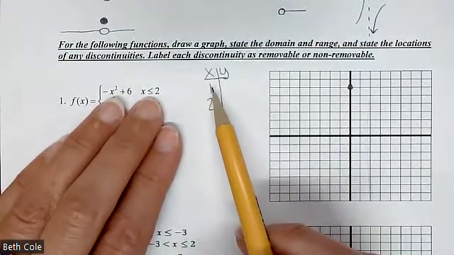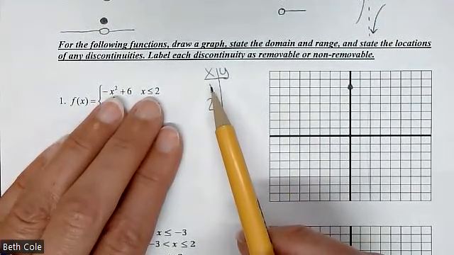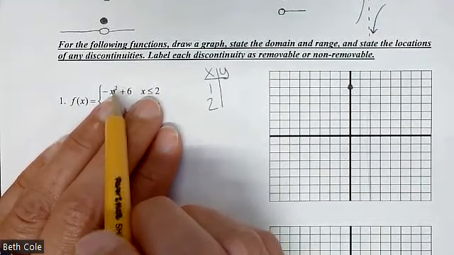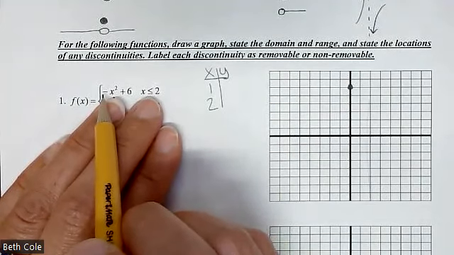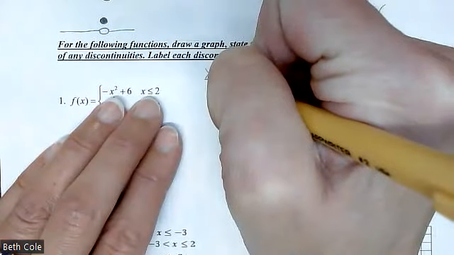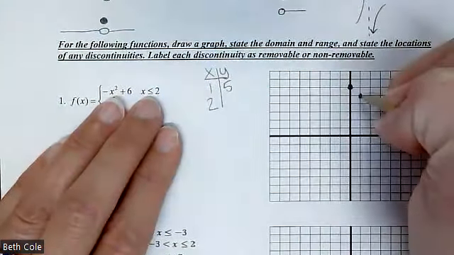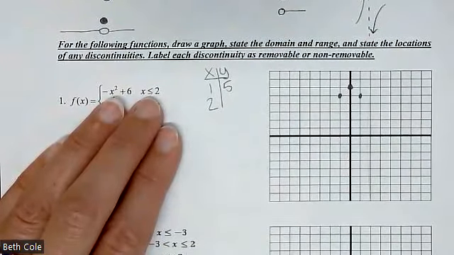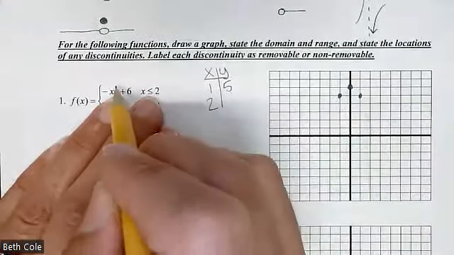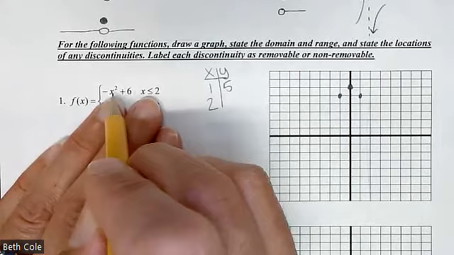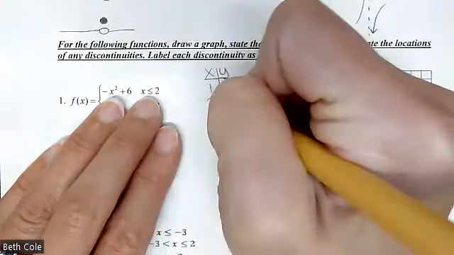You're getting more confident with what you want to plug in. That comes from practice. All right, if you plug in 1 squared, 1, but it's -1 plus 6, 5. Good. So you get 1, 5, and then the symmetric point. And then we're going to plug in 2. 2 squared, 4, but it's -4 plus 6 is 2.